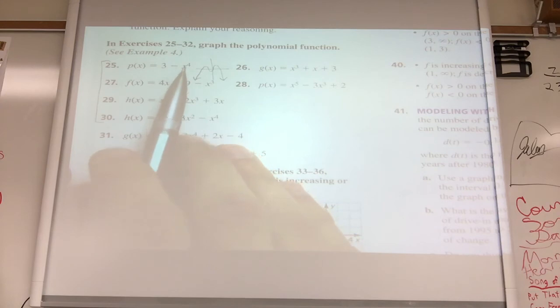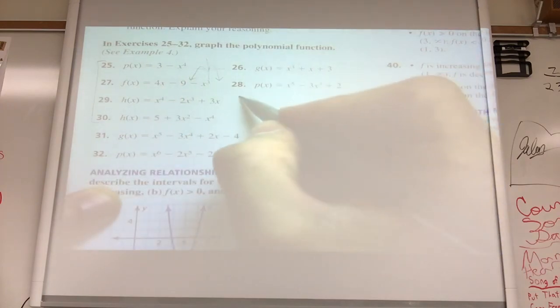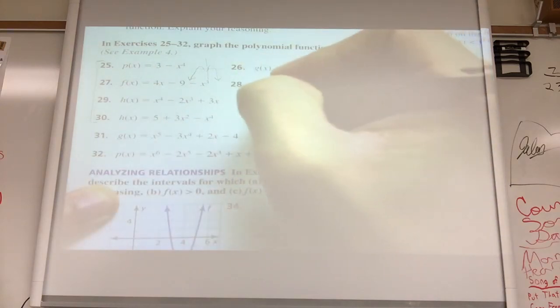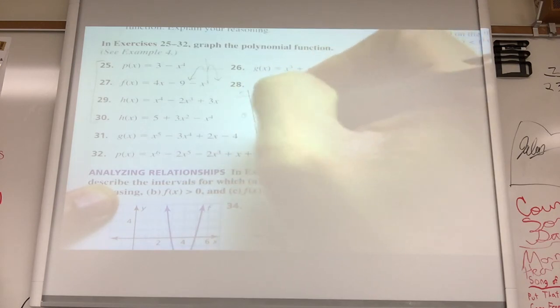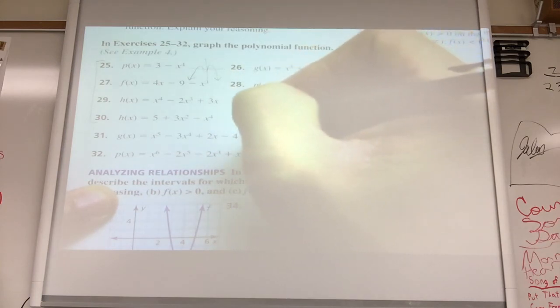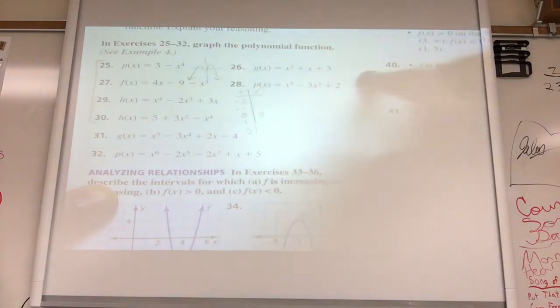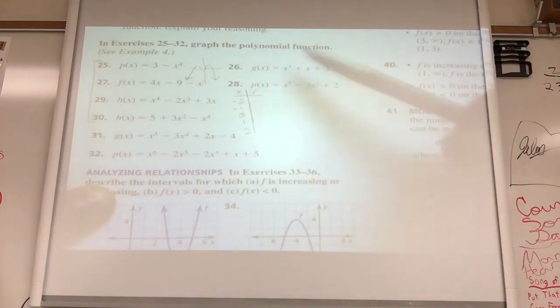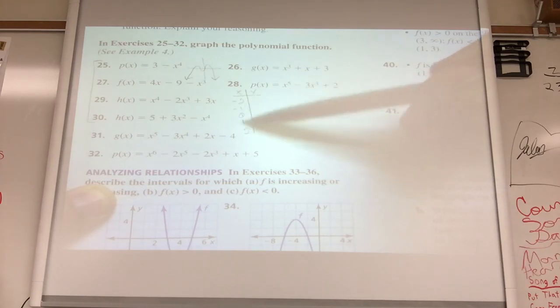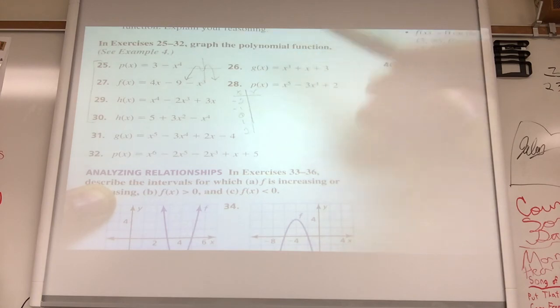Make a table. So what it's going to want you to do is to make a table. And you can even see example 4 if you want, just to verify and get better instructions. Make a table, x, y, and it's going to say plug in the numbers 0, -1, -2, 1, 2. So it's going to say plug these numbers in for your x terms right here and get your y's out. I'll just do it real quick.